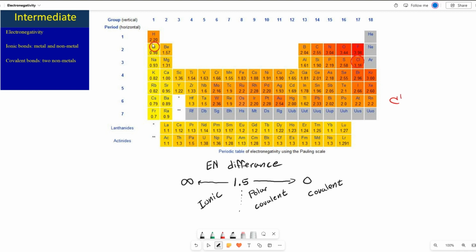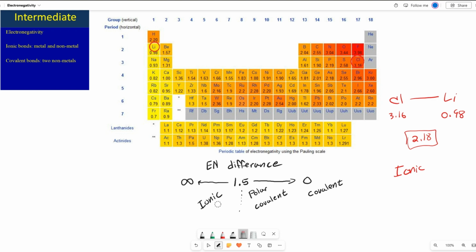So chlorine has an electronegativity of 3.16, and lithium has an electronegativity of 0.98. If you take the difference between those two, you get 2.18. And we can see that 2.18 is greater than 1.5, so therefore chlorine and lithium would produce an ionic bond if they were bonding to each other.